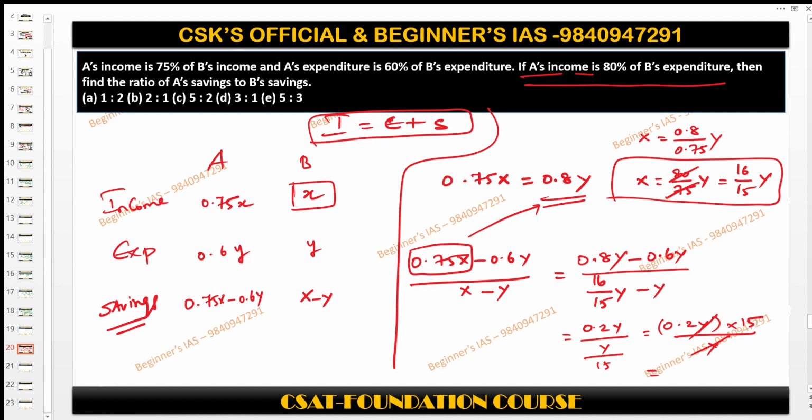This will become what? 15 into 0.2, 3, isn't it? 3y by 1y, you can say. Cancel y. Can we say 3 by 1? Can we say 3 is to 1? Anybody having a doubt? If you are having a doubt, please clarify now itself.